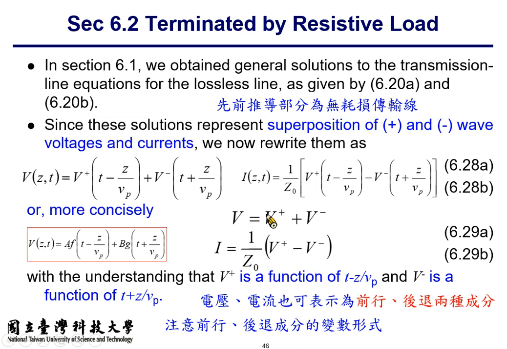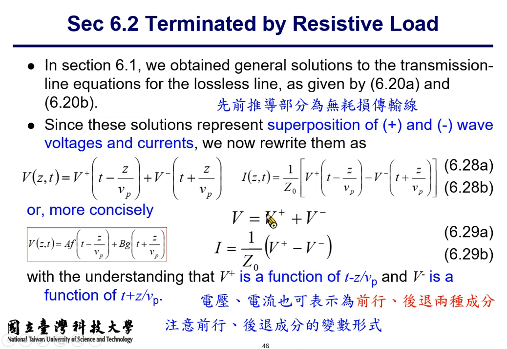For the voltage, it can be divided into V plus, which refers to the signal that goes in the positive z direction, and V minus, the signal that goes in the negative z direction. The total voltage will be the summation of V plus and V minus.